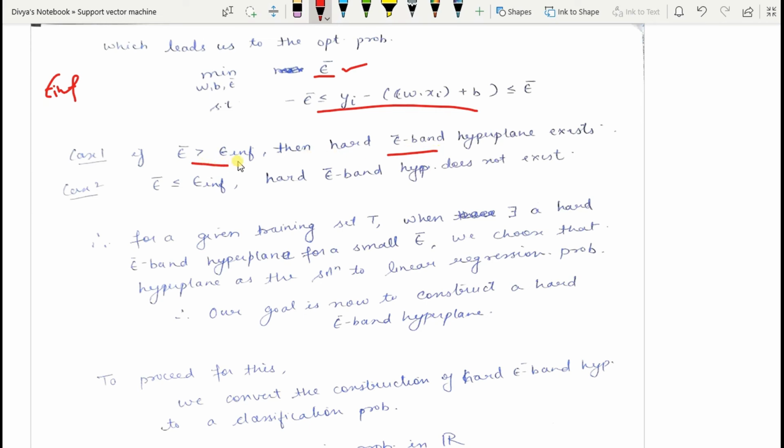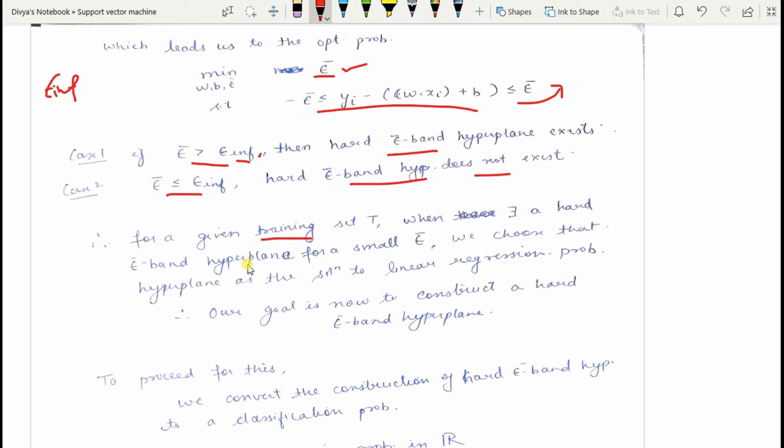If epsilon is greater than epsilon infimum, then a hard epsilon band exists, because epsilon infimum is the value for which the constraint would be satisfied, and this constraint is nothing but the definition of the hard plane. So if epsilon is greater than this optimal value, then a hard epsilon band exists, and if it is less than or equal to the optimal value, then a hard band hyperplane does not exist.